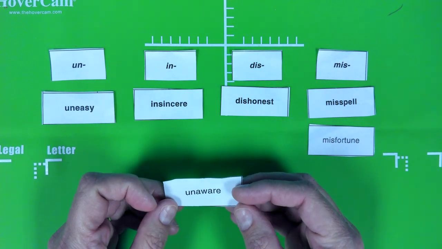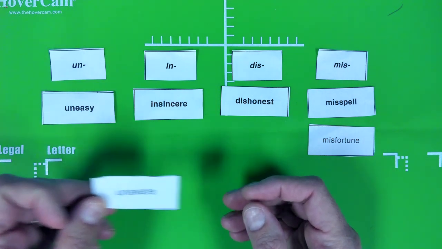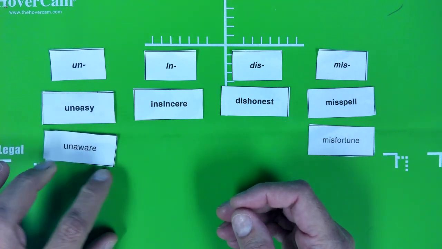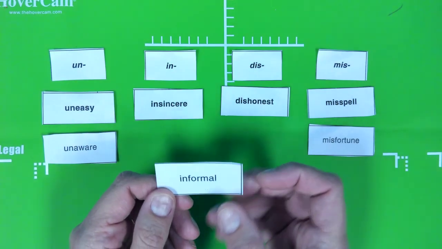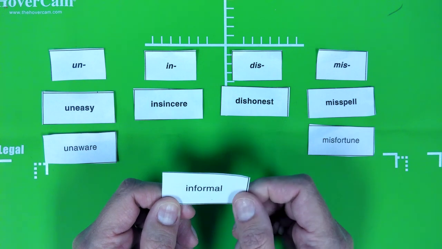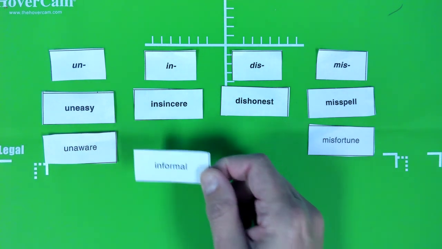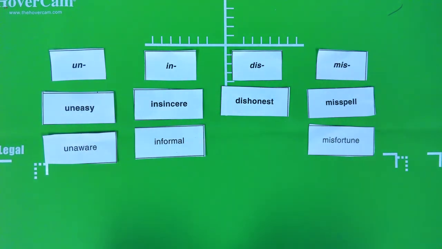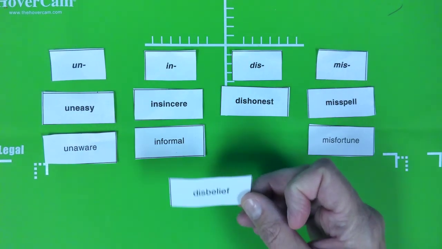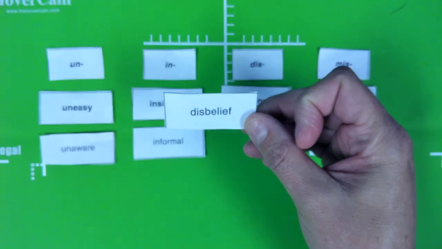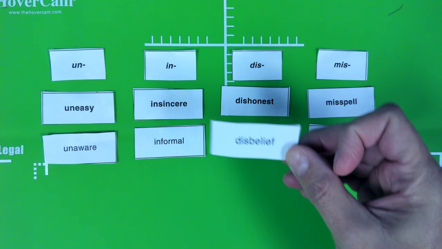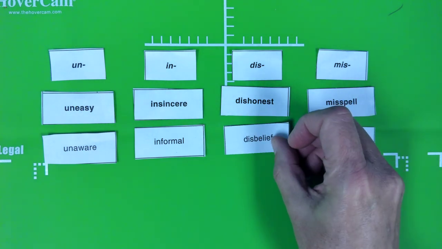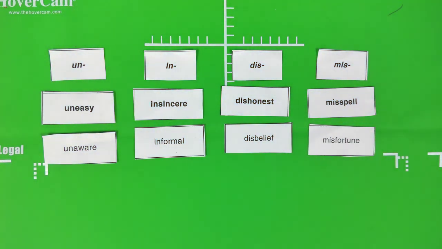Un is the prefix, aware is the base word, and I know that needs to go in the un prefix column under uneasy. This word is informal. It has the prefix in front of the base word formal, so I'm going to put it under insincere because that has the in prefix at the beginning. And then the last word that I've chosen is disbelief, and dis is a prefix in front of the base word belief, and so I'm going to stick it under dishonest because it has the dis prefix.